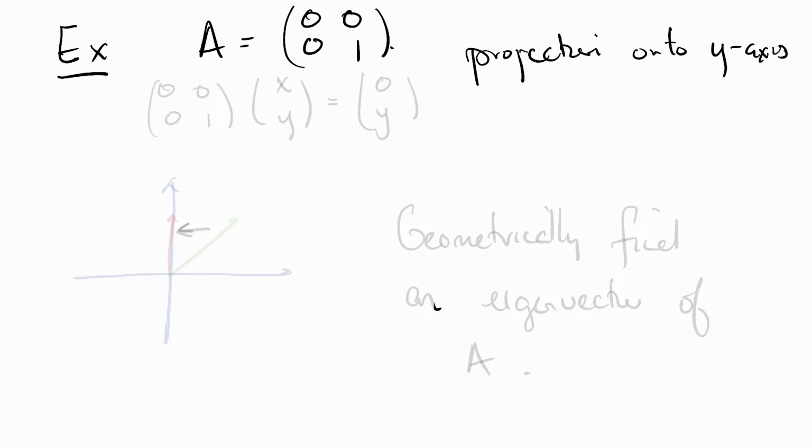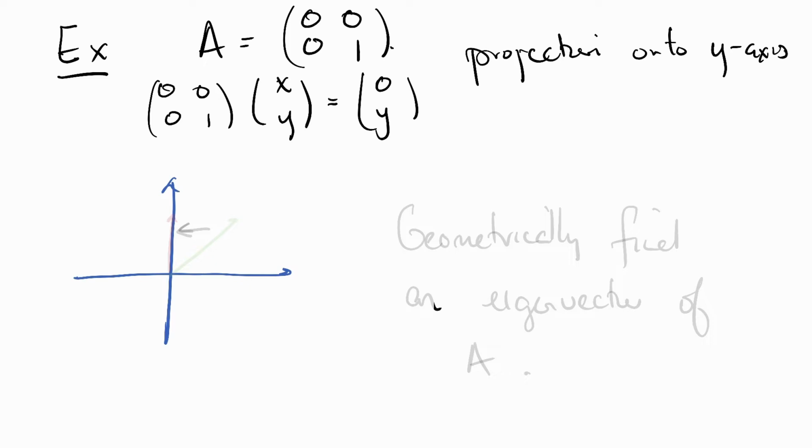You can see it algebraically because this matrix times xy is just 0y. And if we were to do a little sketch, a vector like so would end up here, with the action just pressing it into the y-axis.